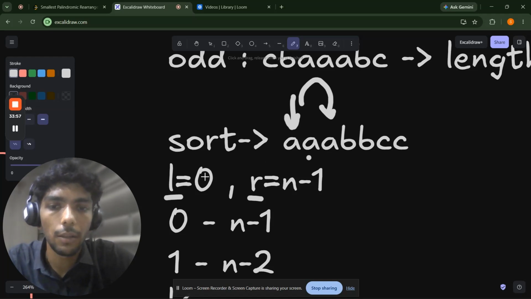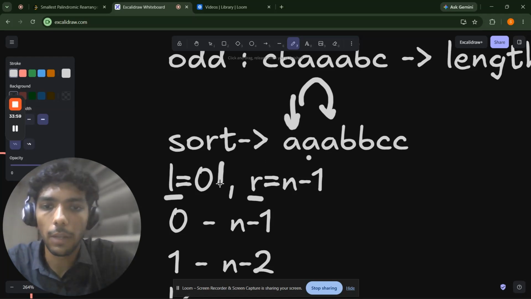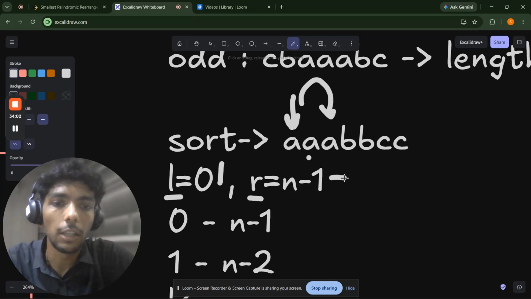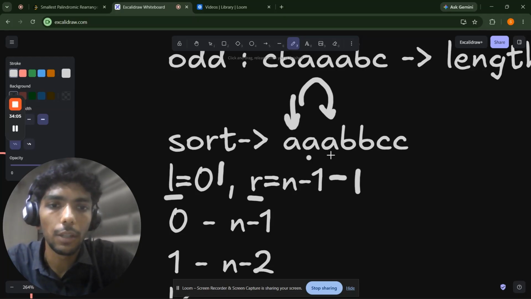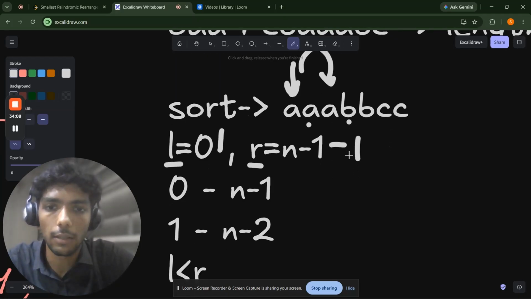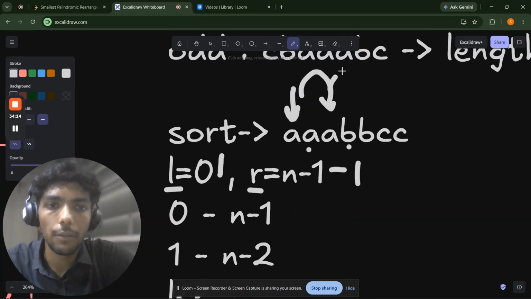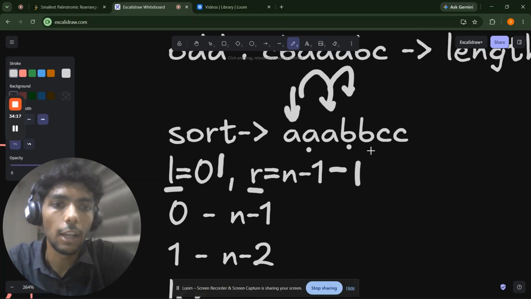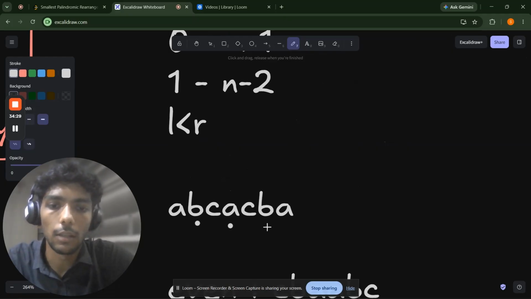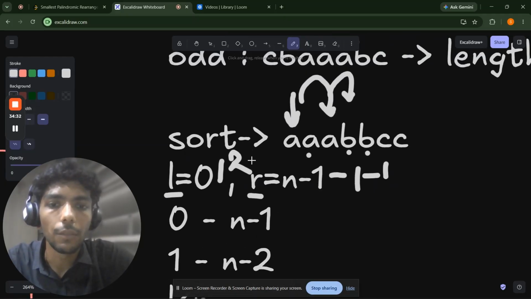Now here we have A, and we increment L by 1 and decrement R by 1. Now we have A over here. We check it with this B. No, that's not the case, so we insert it in the middle, and when this happens, we increment by 1. We check it with this B. Both are equal. Now L has become 2 and R is decremented by 1. So we insert one B over here and one B over here. We append this, decrement R, and increment I by 2.